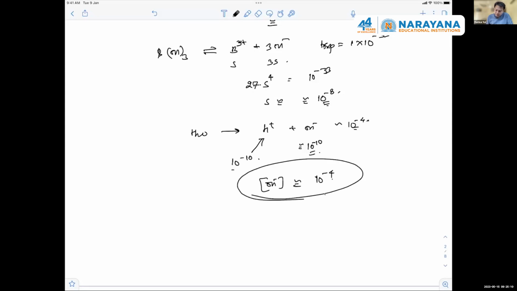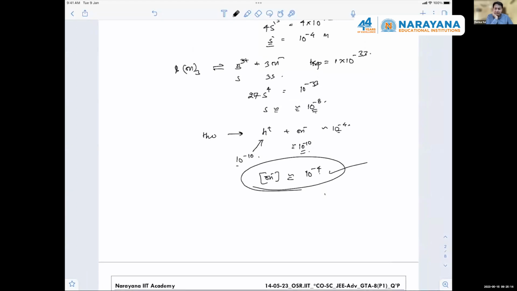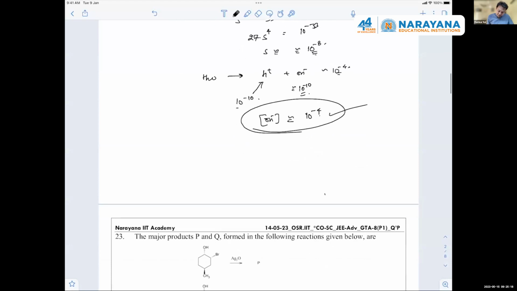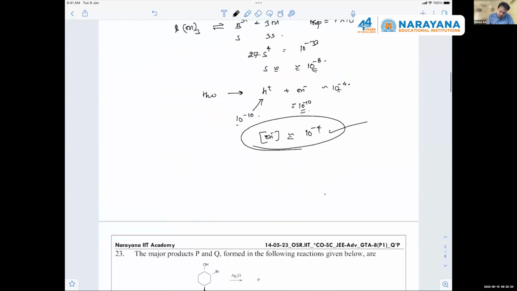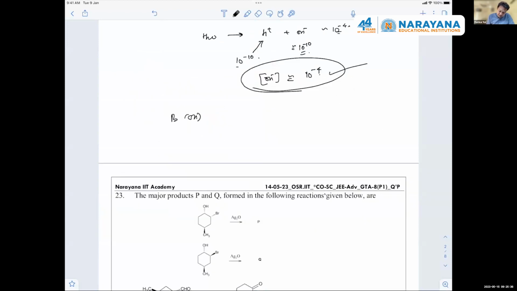So this is the most important point in this problem. Once you get the OH negative at equilibrium as 10 to the power minus 4, you can quickly calculate the S. Then you will simply write B(OH)3 dissociating into B3+ and 3 OH negative.